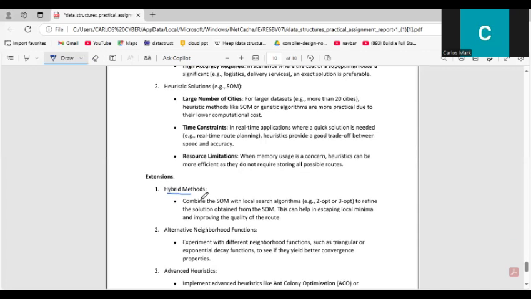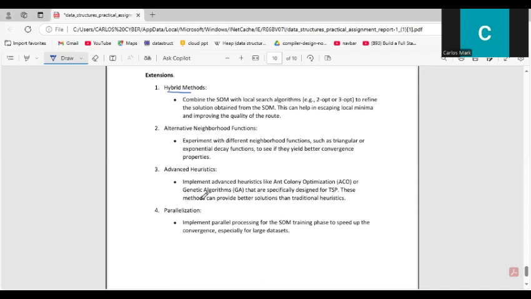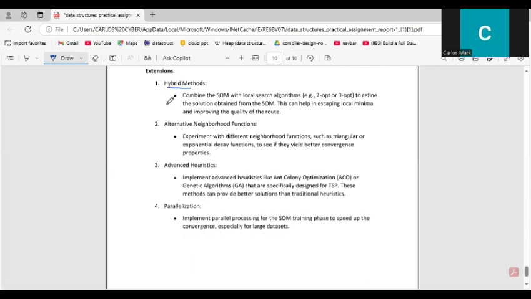Also, for the extensions I've told you about, we combine the self-organizing map with local search algorithms to refine the solution obtained from the self-organizing map.